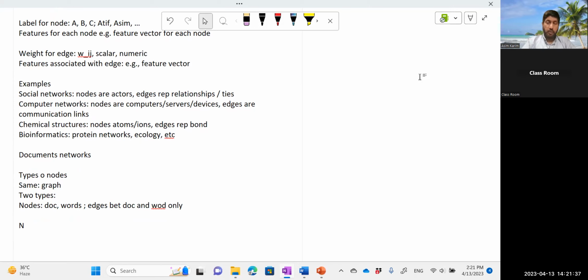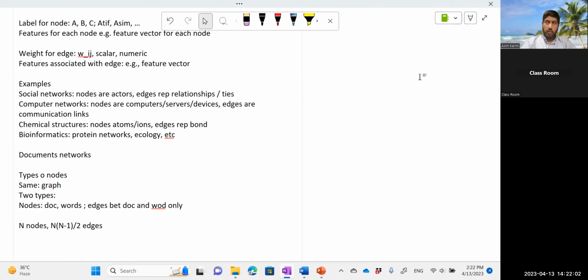If a graph is fully connected with n nodes, then we have n into n minus 1 over 2 edges.